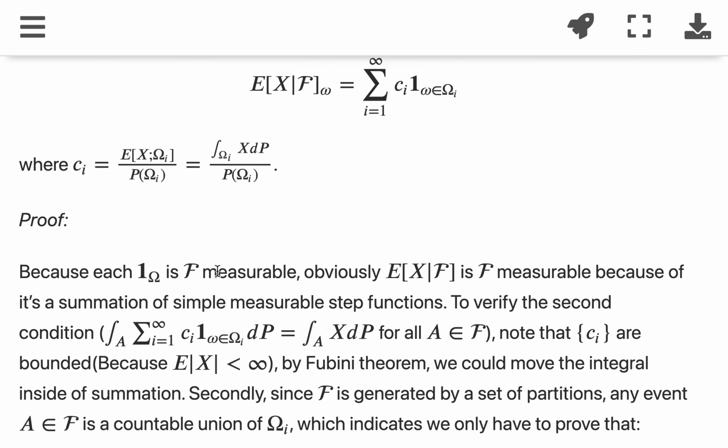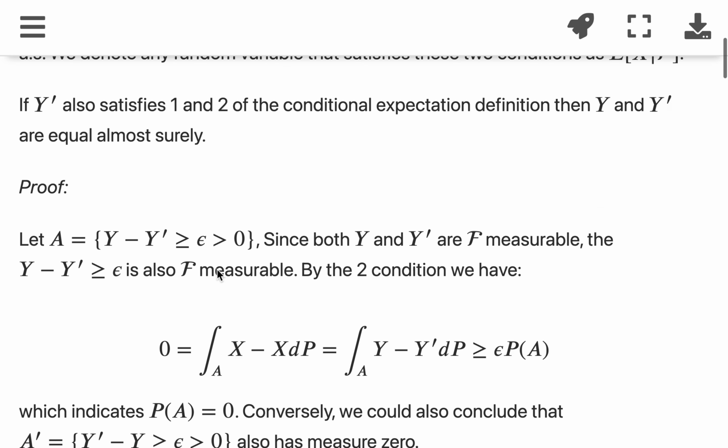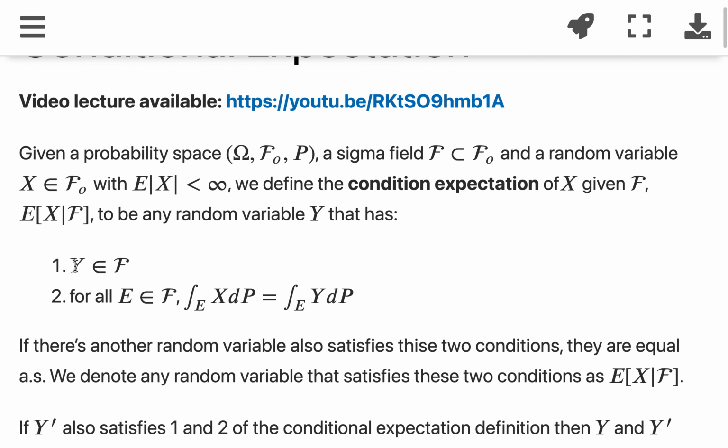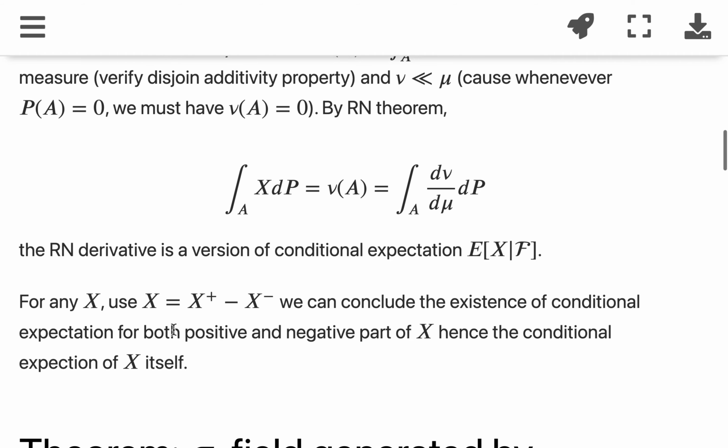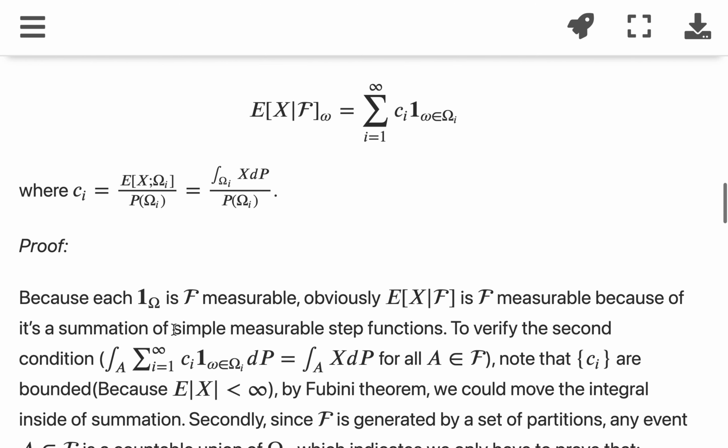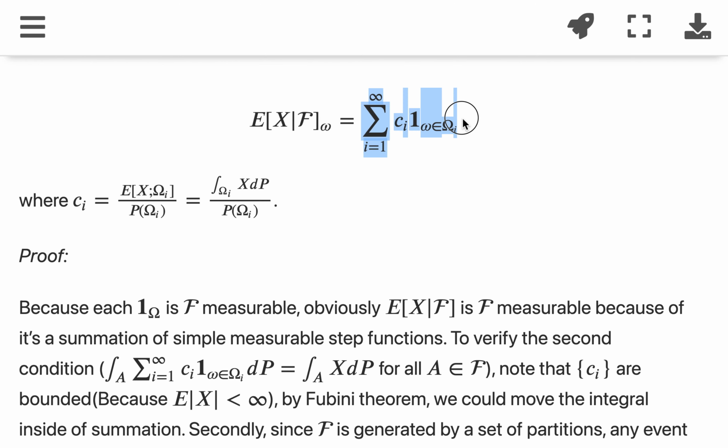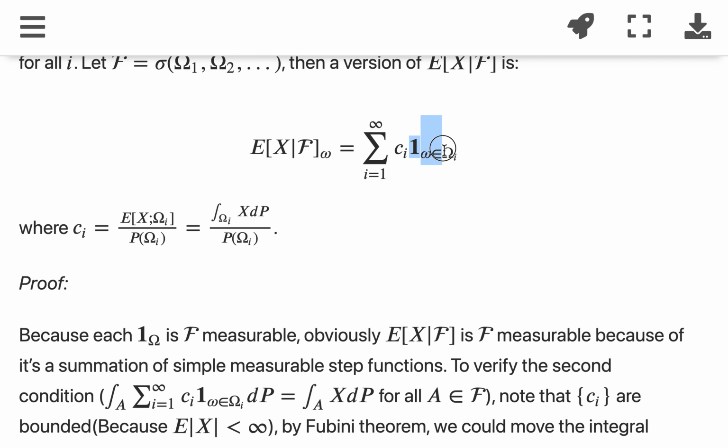First, we need to prove two things. Remember, for the conditional expectation we have two conditions to prove. First, our candidate must be F measurable. Second, it has to satisfy this integral equality for all events E in this sigma field. So the first one: it is F measurable. Why? Because this function is just a summation of simple step functions, where each step function is F measurable because omega i is measurable.